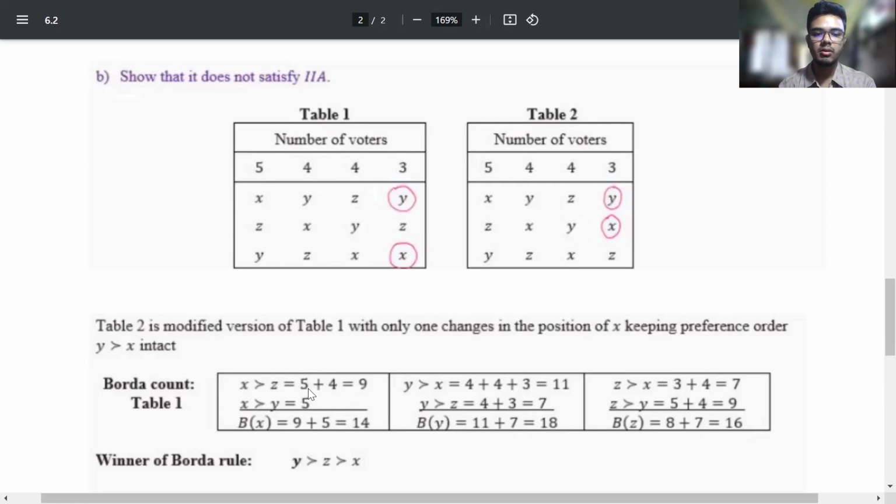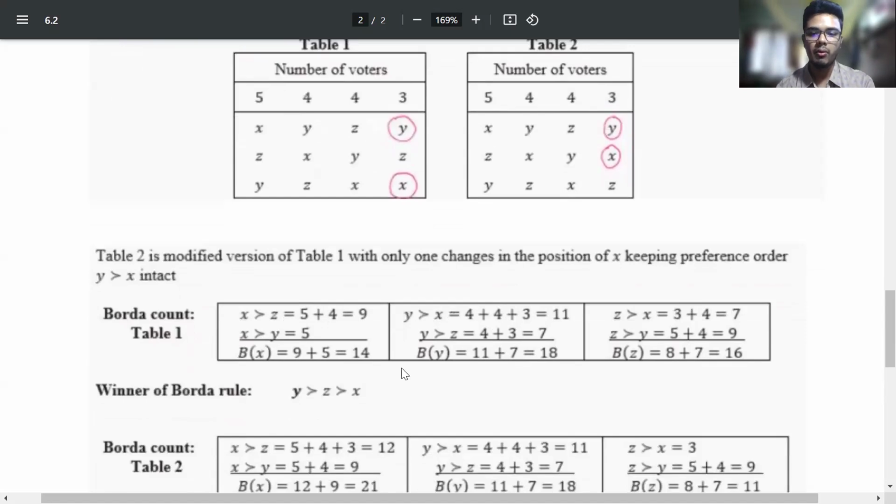So 4 plus 5 plus 4 equals 9. X is preferred to Y, here 5. Nothing is here. So we get 5. If we sum all of this, B of X is 14. In the same way, B of Y is 18, and B of Z is 16.